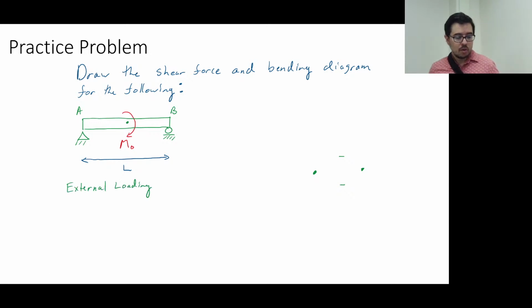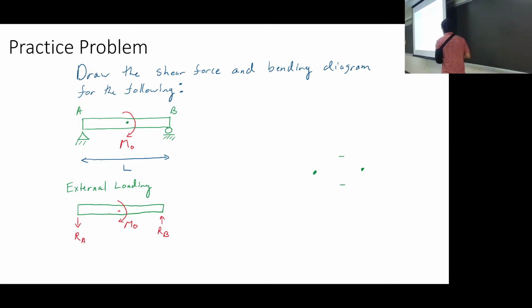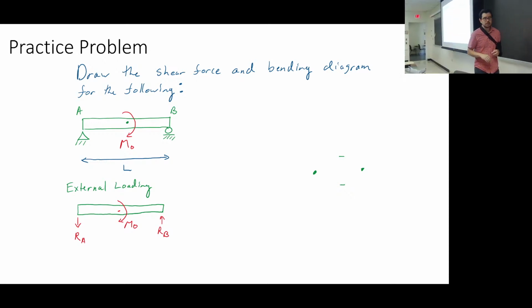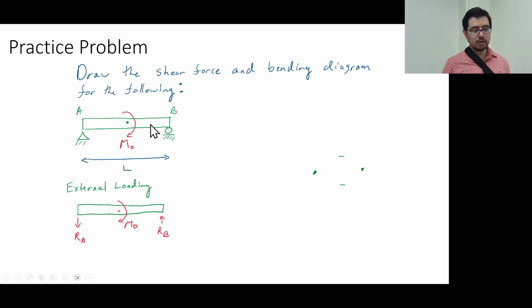Well, we have reaction forces from the ends, and you're going to see me take some liberties with what a pin and what a roller can do. Sometimes I'll say a roller can pull down, even though it's not really supposed to do that.